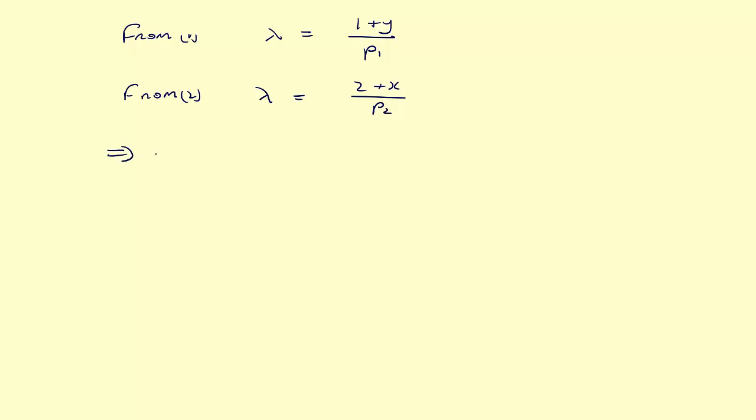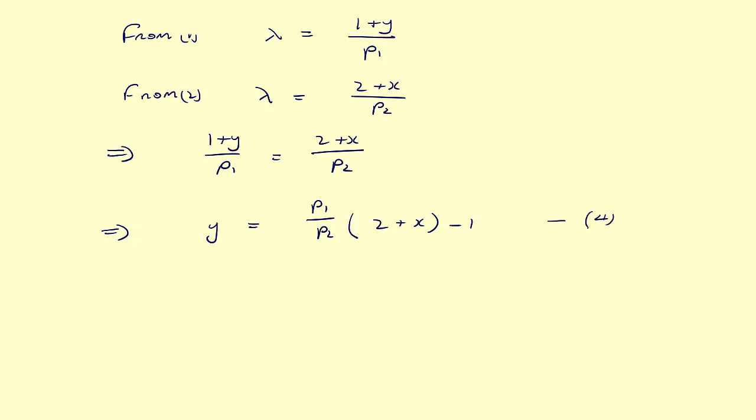And so this implies that 1 plus y on p1 is equal to 2 plus x on p2. Rearranging that, we find that y is equal to p1 on p2 times 2 plus x, minus 1. Call that equation 4.